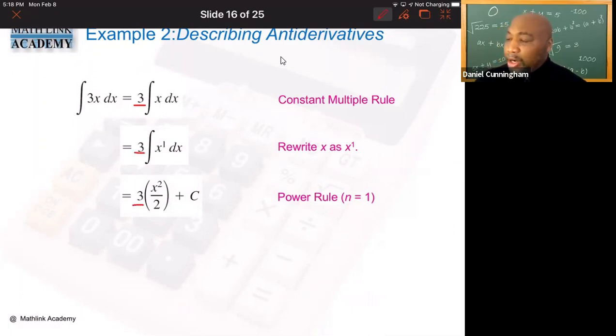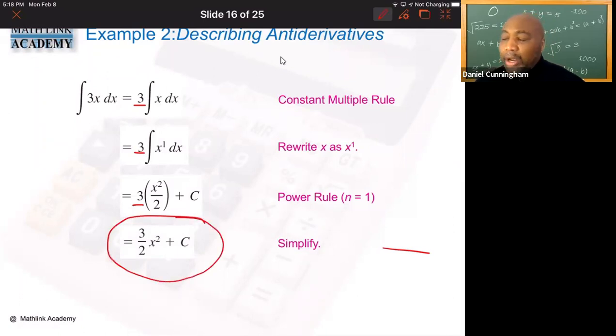When you write the final answer, you can write it this way: 3/2 times x squared plus c, and that will be your final answer. So what I've shown you is you can take out constants and then just take the integral of the variable with respect to x.